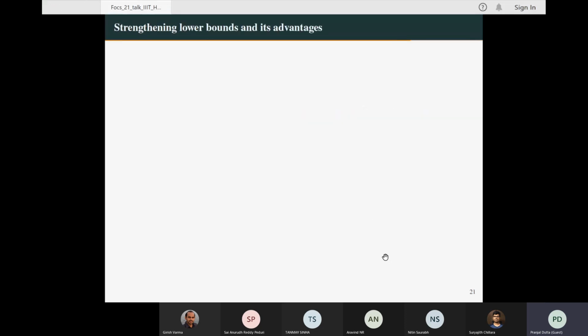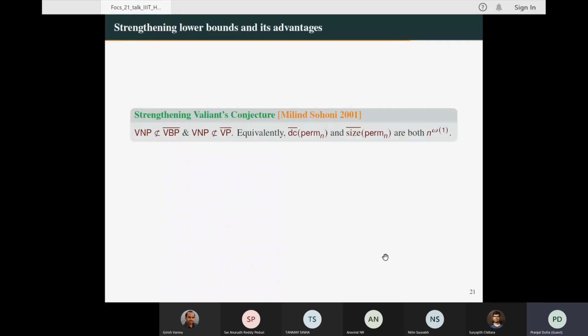And I just want to quickly point out this, and then I have, I think, 2-3 slides left. So I'll take maybe 5-6 minutes more. So recall Valiant's conjecture. Valiant conjectured that VNP is not equal to VBP, or VNP is not equal to VP.